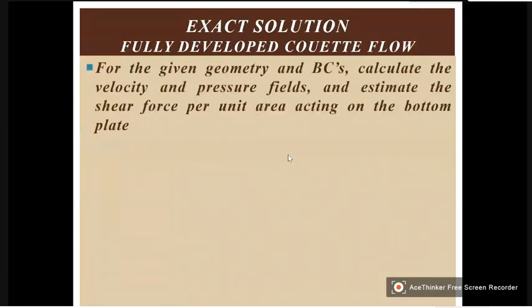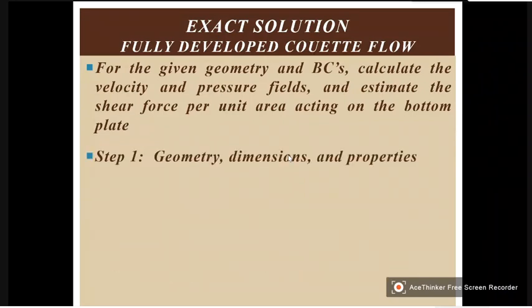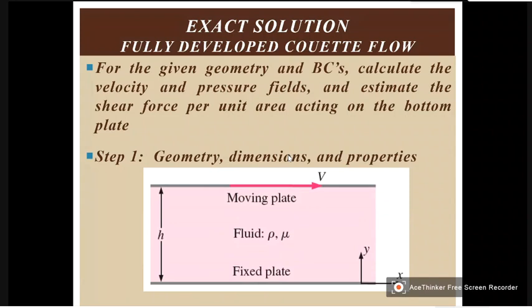For the given geometry and boundary conditions, calculate the velocity and pressure fields. So our aim is to calculate the velocity and the pressure fields and estimate the shear force per unit area acting on the bottom plate. So what is the first step? Geometry, the dimensions and properties. So this is geometry.